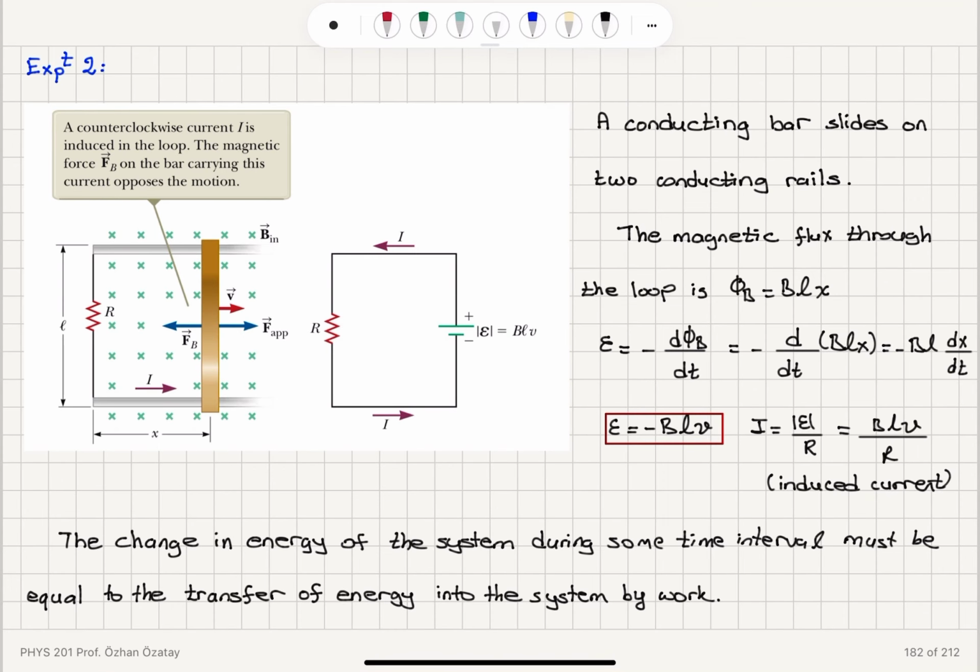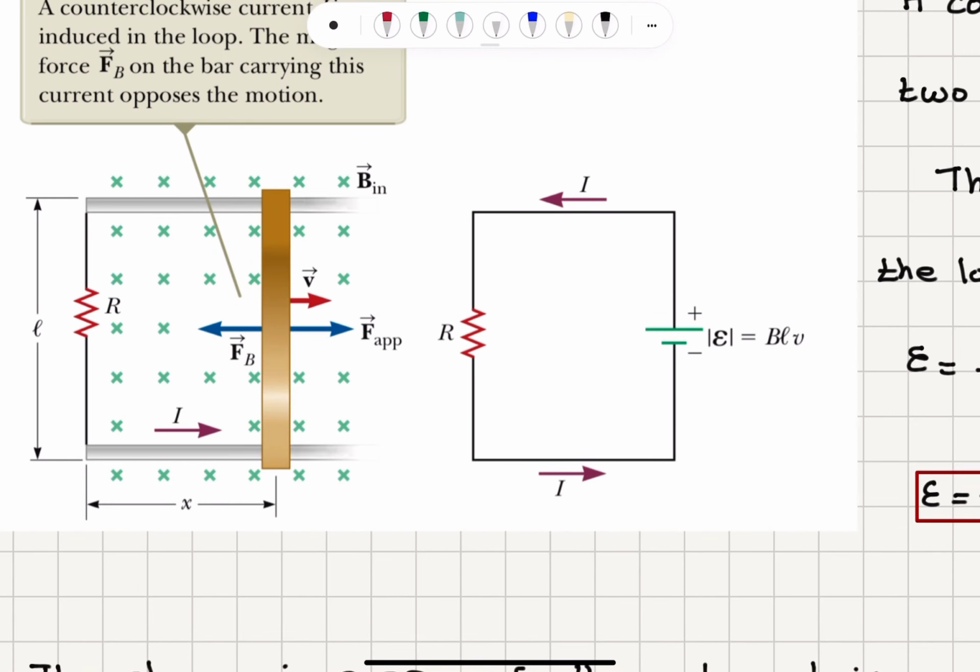I L cross B tells me that if the current is flowing in this direction, L cross B is pointing into the page, pointing to the left, because the L vector is pointing up. The right hand forefingers point towards the direction of the current, and we curl them towards the direction of the magnetic field. The thumb points to the left, so that's the direction of the magnetic force on this conductor.